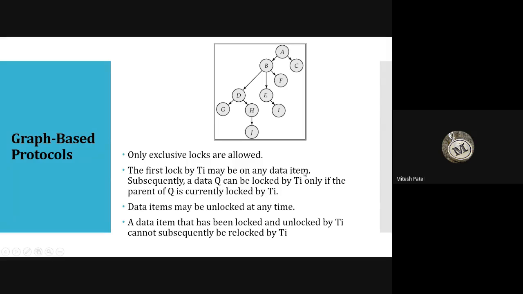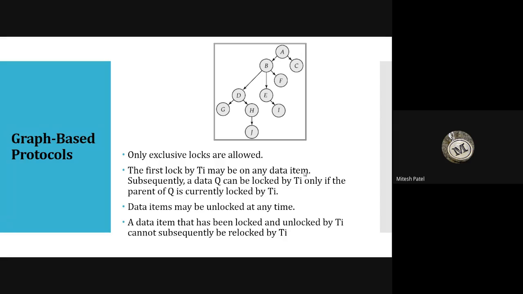Subsequently, that data item Q can be locked by Ti only if the parent of Q is currently locked by Ti. फर्स्ट हमने Ti को लॉक किया है और ऑन एनी डेटा आइटम, ट्रांजेक्शन Ti के थ्रू एनी डेटा आइटम को लॉक किया है, then subsequently any data item Q can be locked by Ti only if the parent of Q is currently locked by that Ti transaction. Similar concept we have seen in multiple granularity.